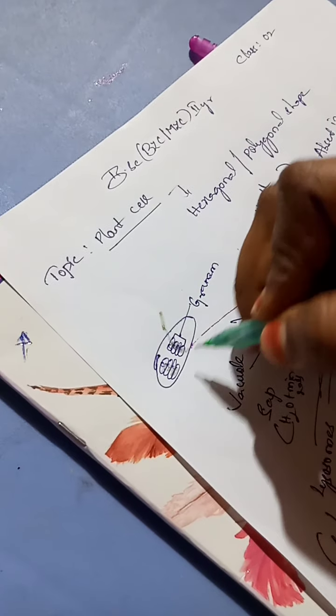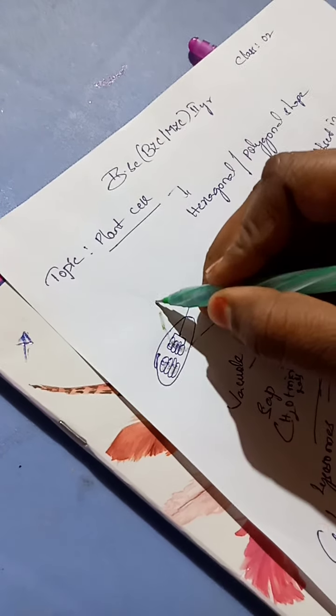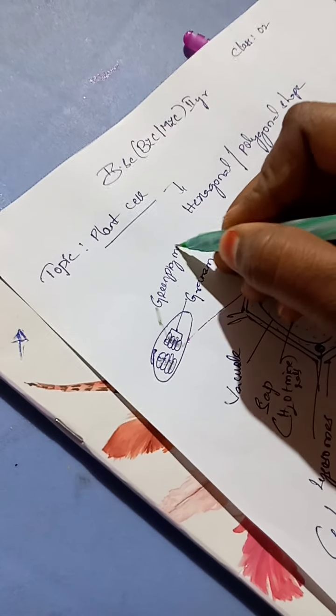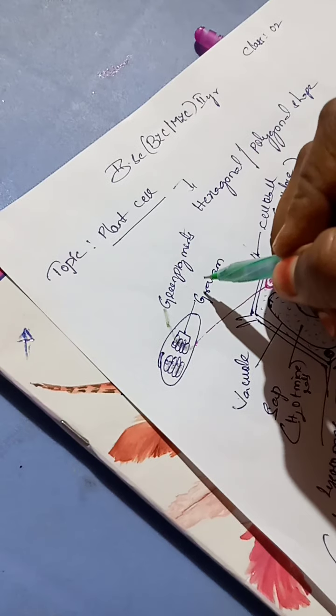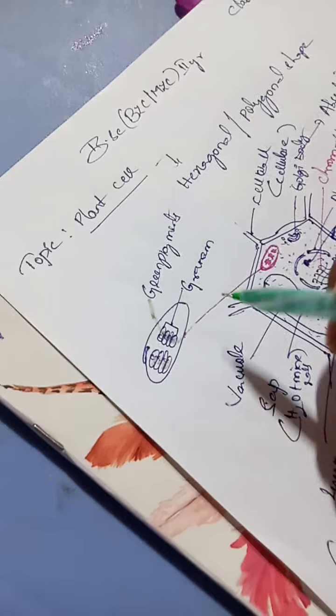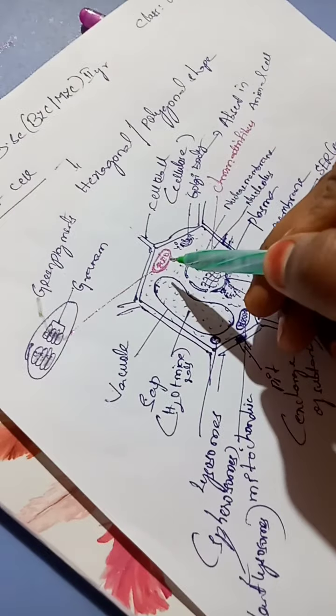So this granum is filled with the green pigments. Due to the presence of green pigments only, the leaves get green color. So these are the plastids which are not present in the animal cell.